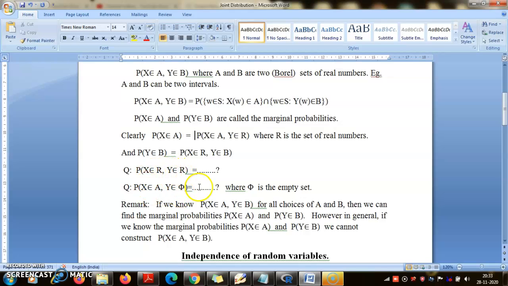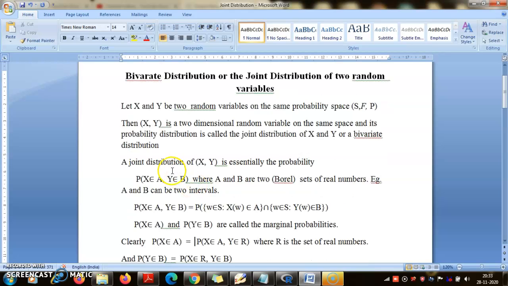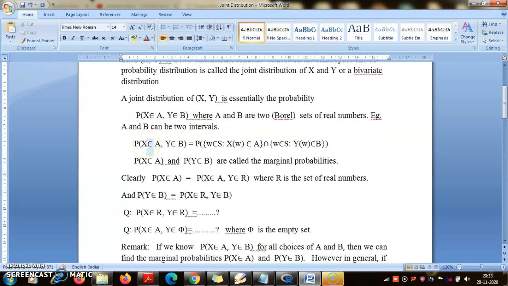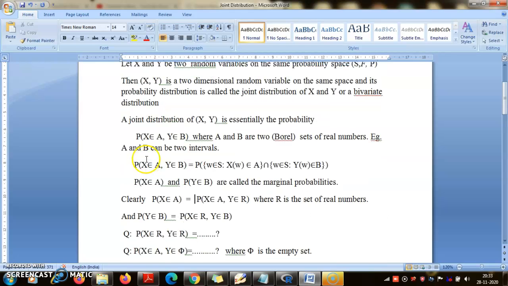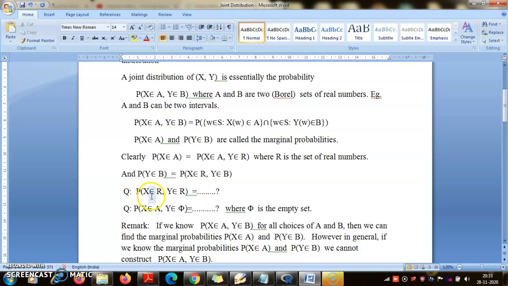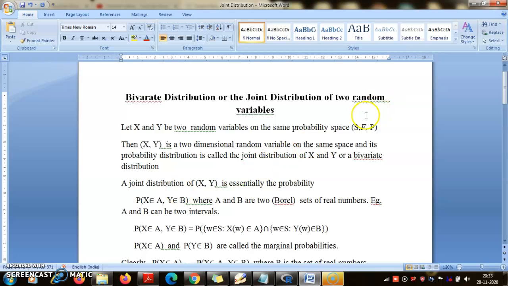Now to answer this question, you have to look back and see that X and Y are random variables on the same space. That is, for every ω in S, X(ω) and Y(ω) are two real numbers. And what is the definition of (X, Y)? (X, Y) at ω will be (X(ω), Y(ω)). So when I ask what is the event that X is a real number and Y is a real number, well then for every ω, that is for the whole of S, this will be satisfied, right?